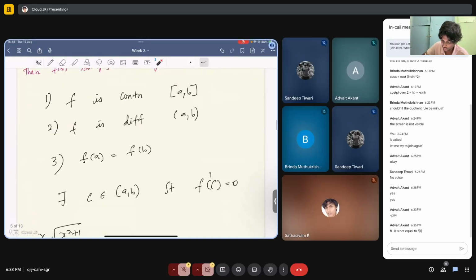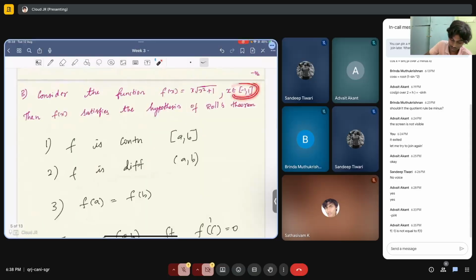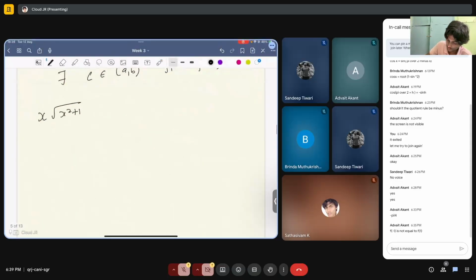But let's look at whether f of a equals f of b. Here x belongs to minus 1 comma 1. When x is equal to 1, your function becomes 1 times the square root of 1 square plus 1, which is root 2.